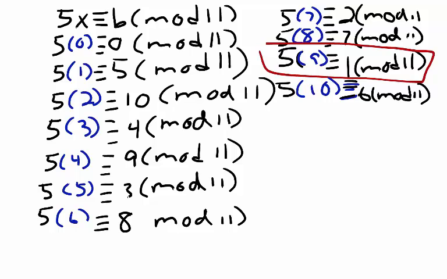So we know that 9 is our inverse, since 5 times 9 mod 11 is equivalent to 1. In other words, we divide 11 into 45 4 times, and our remainder is 1.